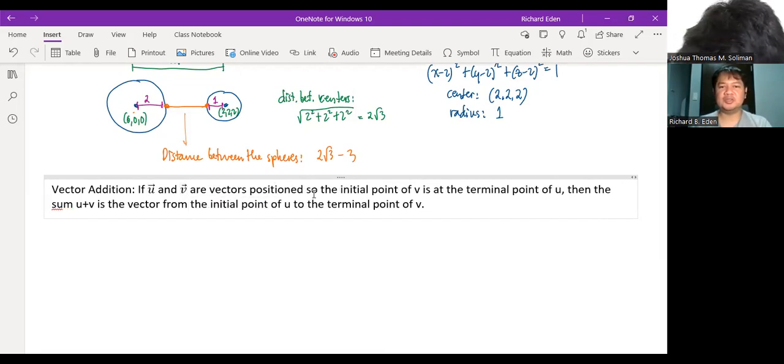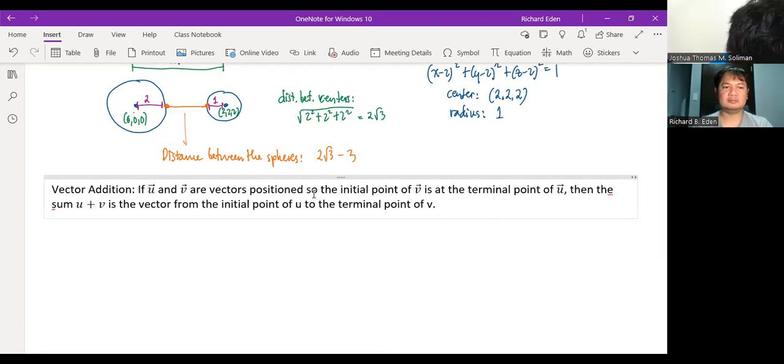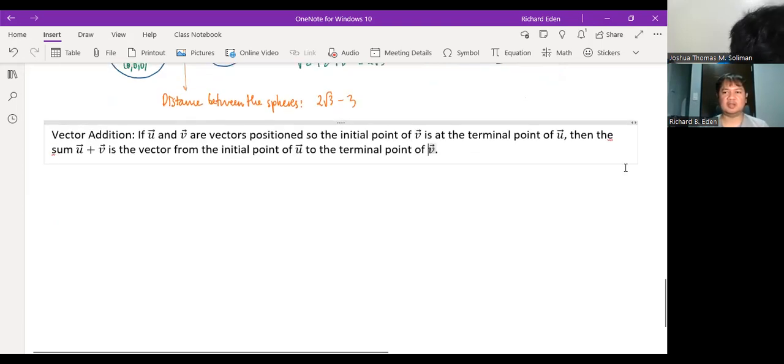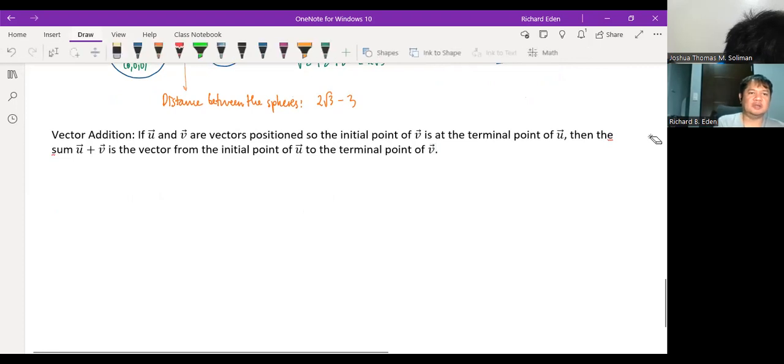If U and V are vectors in position, so the initial point of V is at the terminal point of U, then the sum U plus V is a vector from the initial point of U to the terminal point of V. So let me illustrate this for vectors with 2 dimensions.